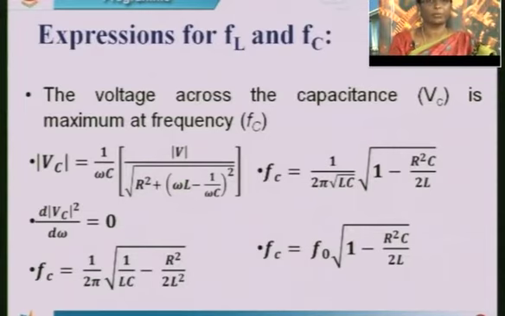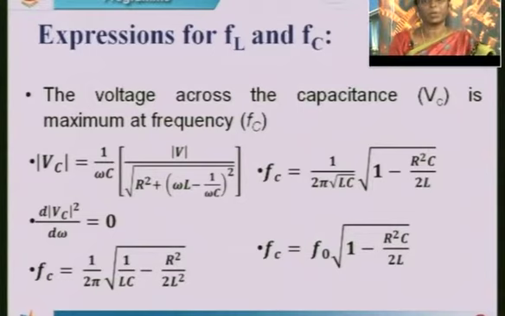It is Fc = 1 by 2 pi times the root of (1 by LC minus R squared by 2 L squared). If we take root LC common, it is 1 by 2 pi root LC times the square root of (1 minus R squared C by 2L). We know that 1 by 2 pi root LC is the resonance frequency for a series resonance circuit, represented as F0.